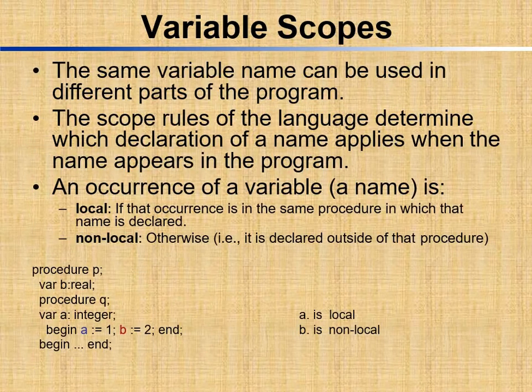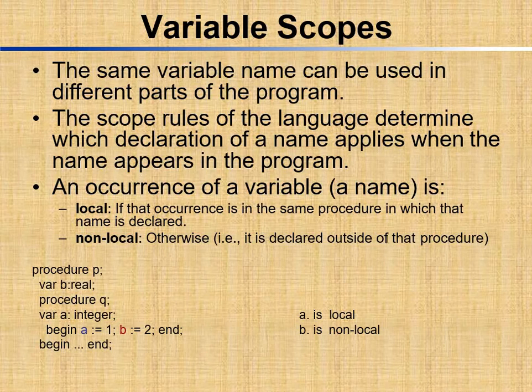Now we can see the scope of local and non-local variables. The same variable name can be used in different parts of the program. The scope rules of the language determine which declaration of a name applies when the name appears in the program.